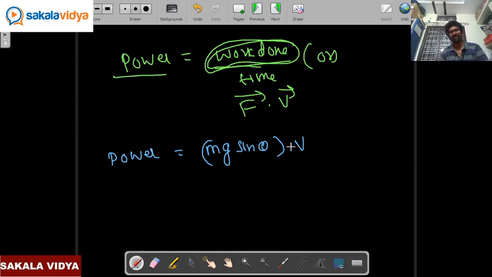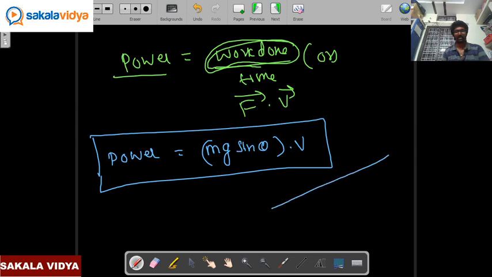So, in order to pull a solid block of mass m on a smooth surface from bottom to the top, what is the power required? Power is equal to mg sin theta into v.